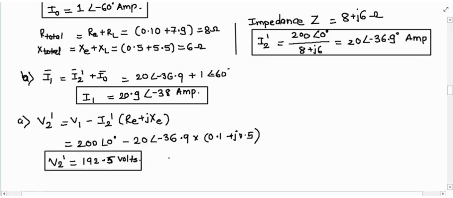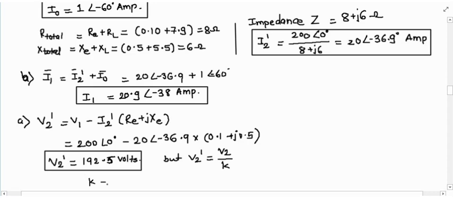Now what is my V2 dash? V2 dash is nothing but V2 by K, right? V2 by K. So we have to find out the K now. What is my K?